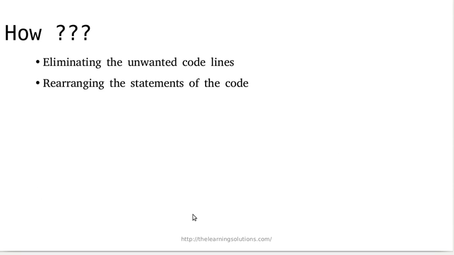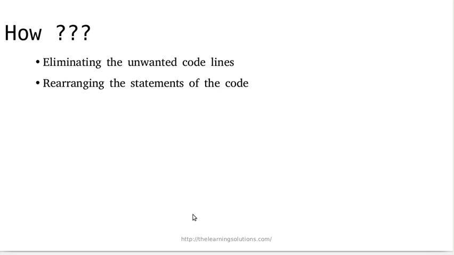So on what basis is code optimization done? I have already mentioned that we will eliminate the unwanted code lines. Sometimes this is called dead code. Dead code means that code or statement is not live; it is not subsequently used in the given source program.